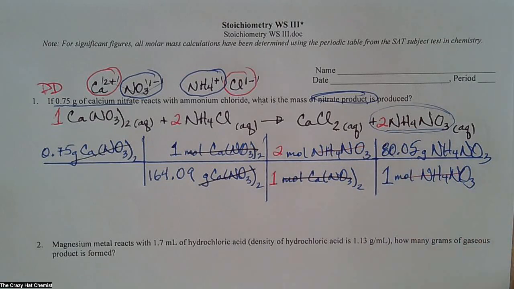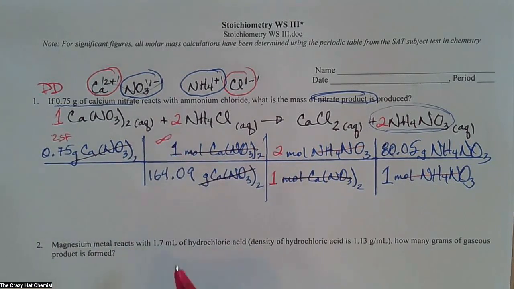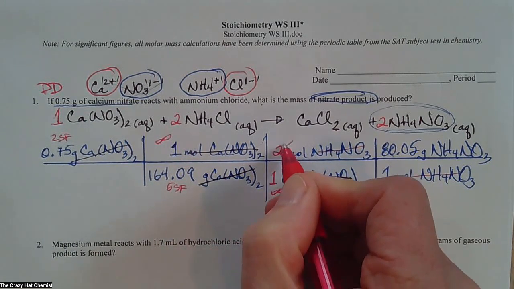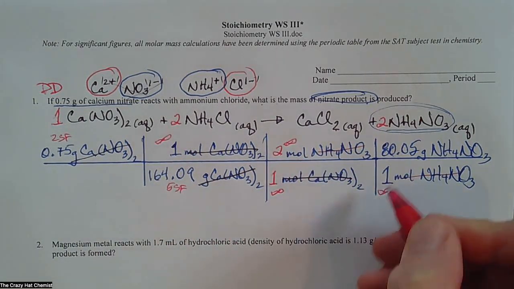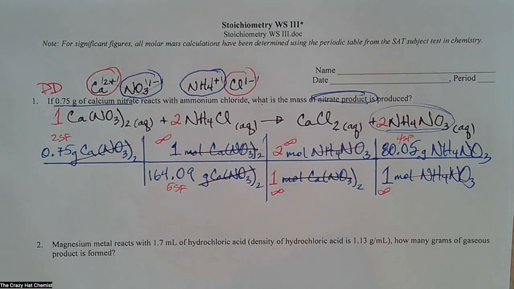All right. Now we're going to look at significant figures in this problem. This is 2 significant figures. This is an infinite number of significant figures. This is 5 significant figures. Infinite, infinite, infinite, and 4 significant figures. So the fewest number of significant figures I have on this problem is 2.